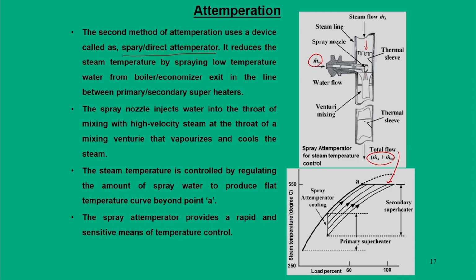The final value, MS plus MW, is the essential requirement of load, and for that load the temperature is obtained as a relatively flat curve. Typically the temperature requirement is about 550 degrees centigrade after the superheating unit, and depending on the requirement, we can control how much mass flow rate needs to be added.